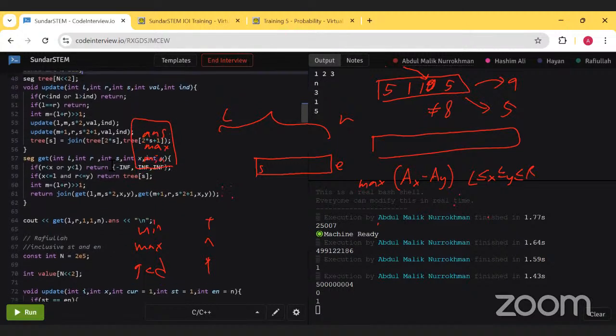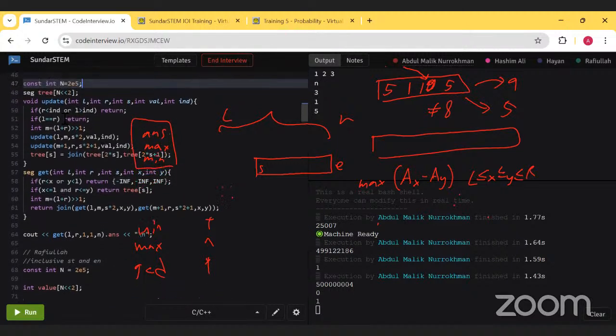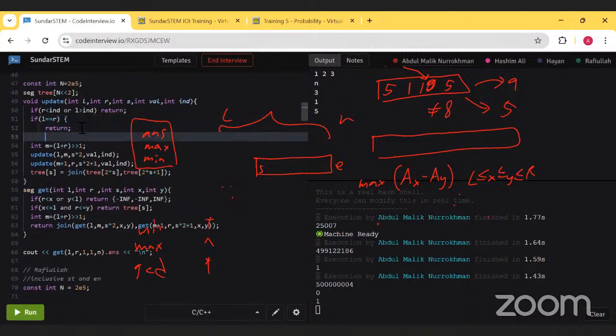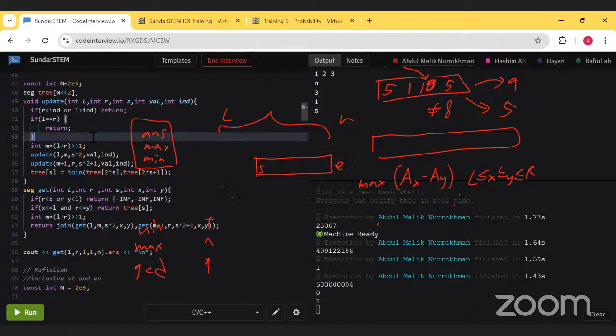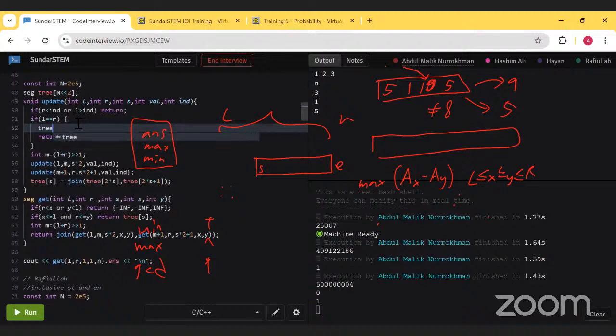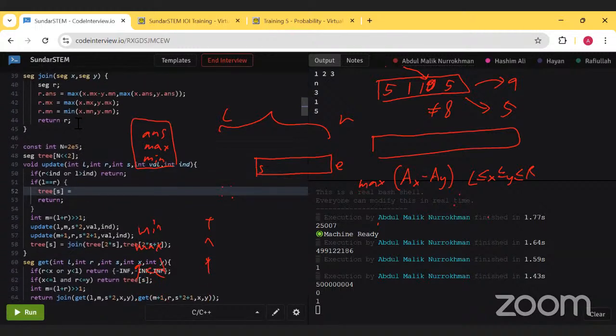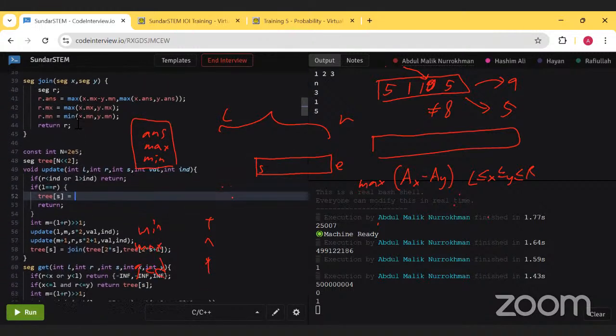And what if L equal to R? We can make it maybe use two type space. Okay. We can make it 3S equal to what?